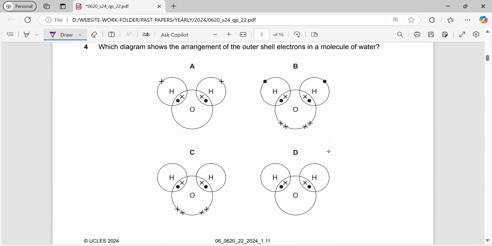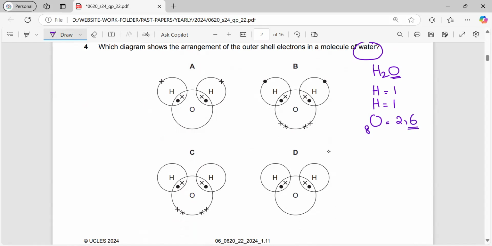Which diagram shows the arrangement of the outer shell electrons in the molecule of water? In the molecule of water, H2O, if we see hydrogen atoms, they have only one electron in their outer shell, which they're going to share. And as for the oxygen, atomic number is 8, so its configuration will be 2 and 6.